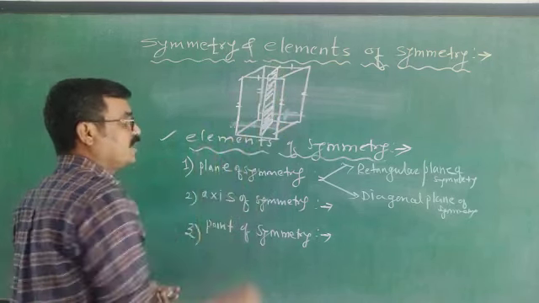Now next one and last one is axis of symmetry. Now in this axis of symmetry, it is an imaginary axis passing through the crystal. Let me assume we have a crystal of such a type.